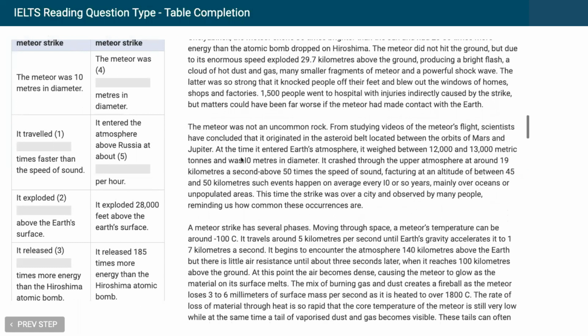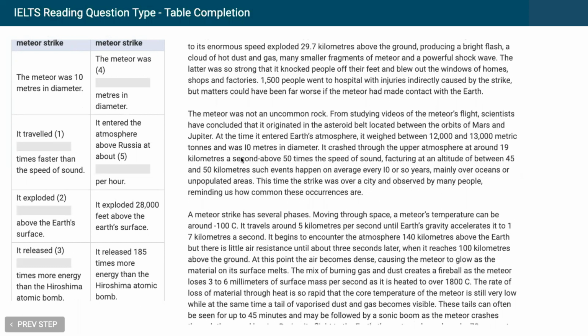I also see some temperature, but already I see here the speed of sound, which is what we have in the table here. So I'm going to read a little bit here and find how many times faster it traveled. So it says, it crashed through the upper atmosphere at around 19 kilometers a second, above 50 times the speed of sound.